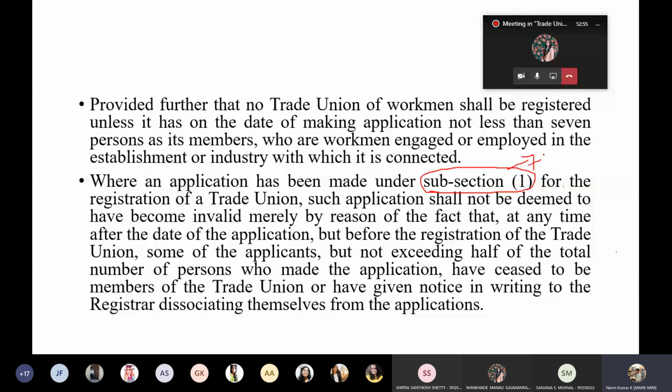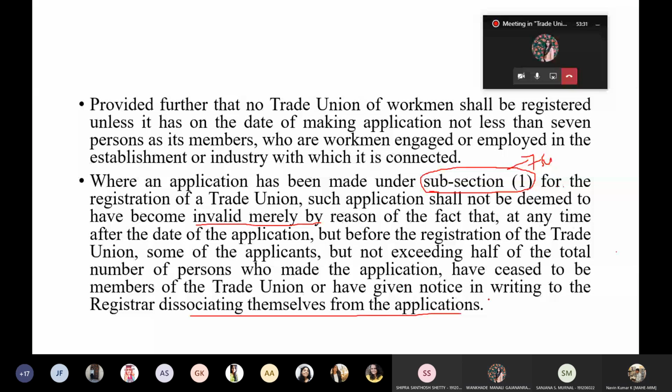Such application shall not be deemed to have become invalid merely by reason of the fact that at any time after the date of the application, but before the registration of the trade union, some of the applicants, but not exceeding half of the total number of persons who made the application, have ceased to be members of the trade union or have given notice in writing to the registrar dissociating themselves from the applications.